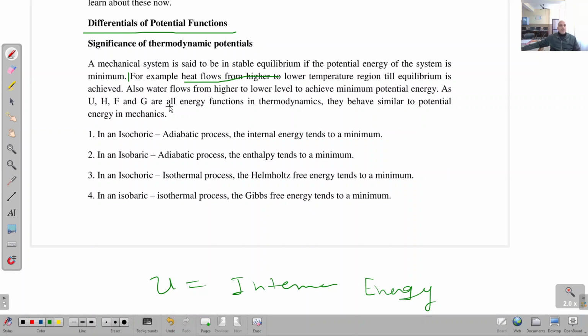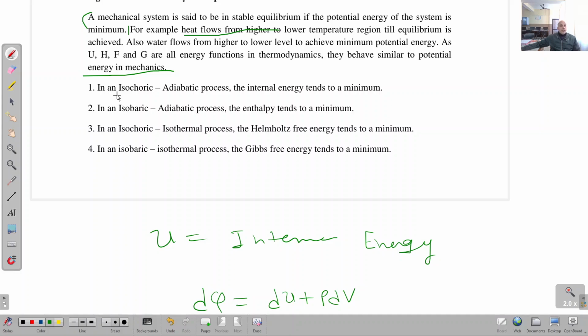As U, H, F, and G are all energy functions in thermodynamics, they behave in a similar way as the potential energy behaves in case of mechanics. Here it is clear from this example, right? Here we have equated the gravitational potential energy with the thermodynamic potential energy, right? At the end of this chapter, you will see that in an isochoric and adiabatic process, the internal energy of the system tends to remain minimum, right?